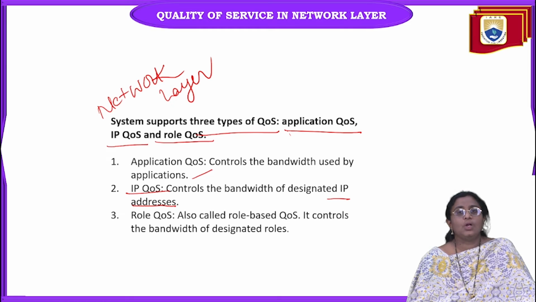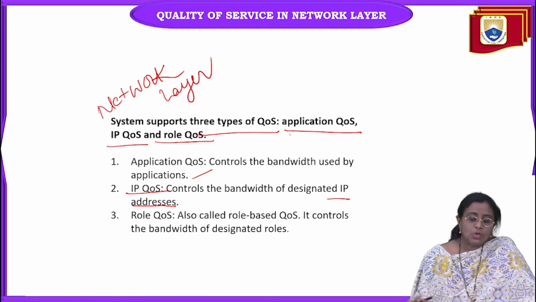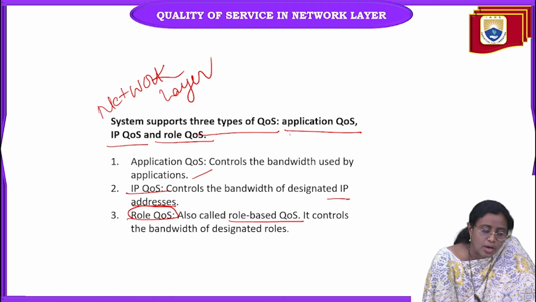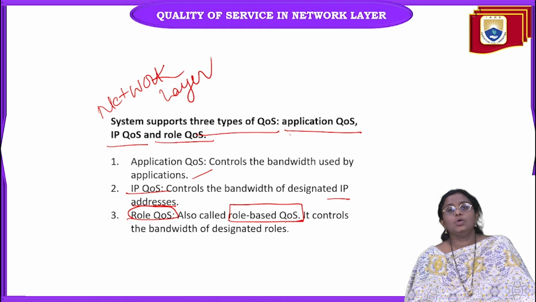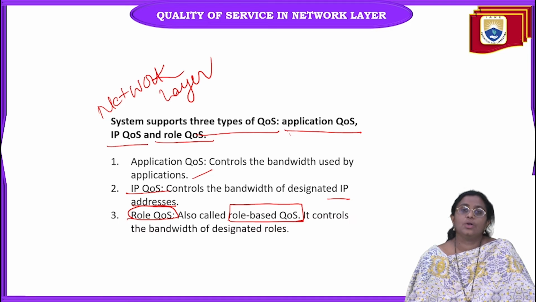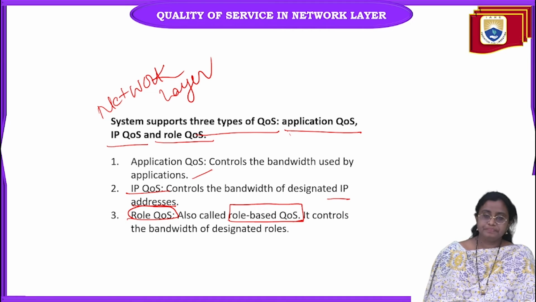Then the role QoS, also called role-based QoS, controls the bandwidth of designated roles. Mainly, these are the three types of system-supported QoS: application QoS, IP QoS and role QoS.